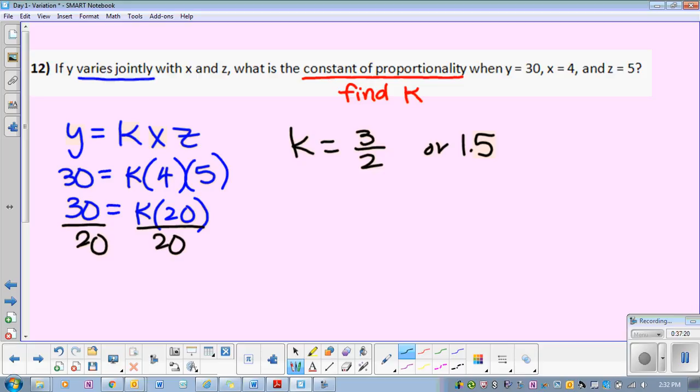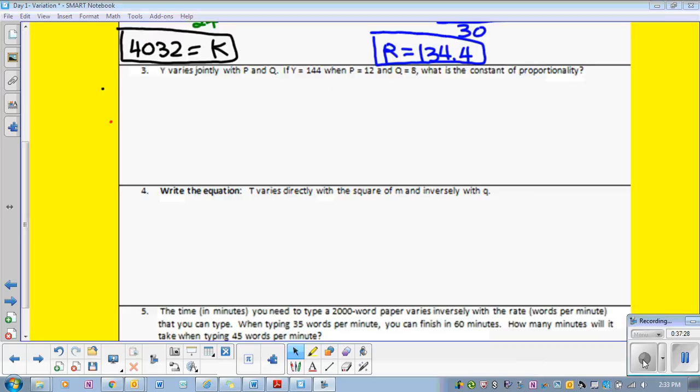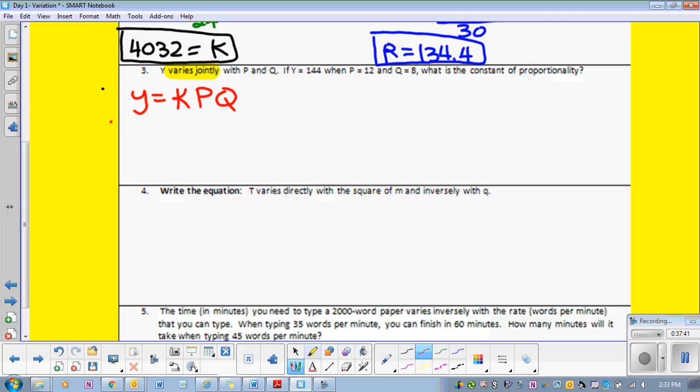So I want you guys to go to the back again, your practice problems, and try number 3. All right, so this one, y varies jointly with p and q.